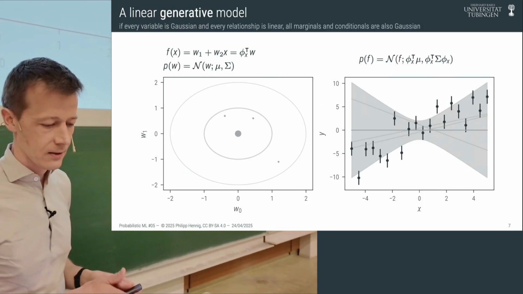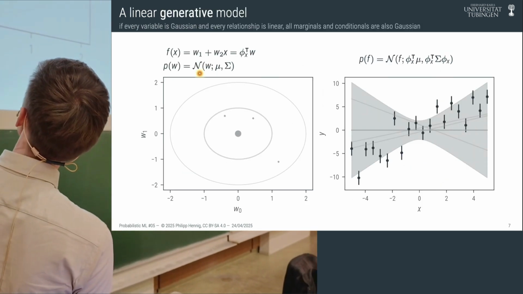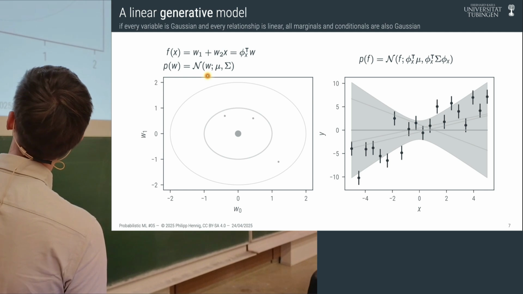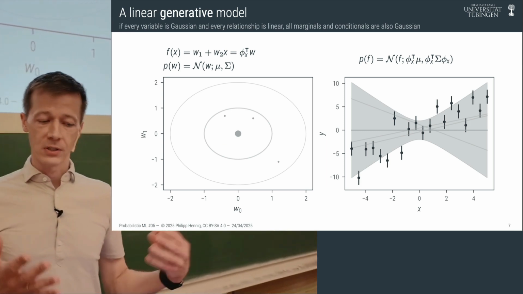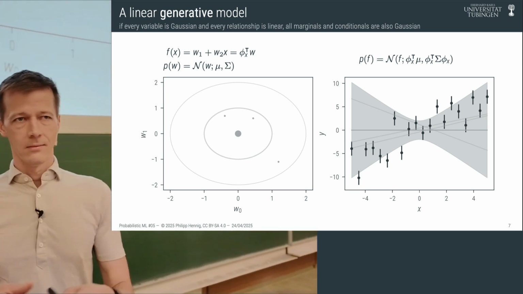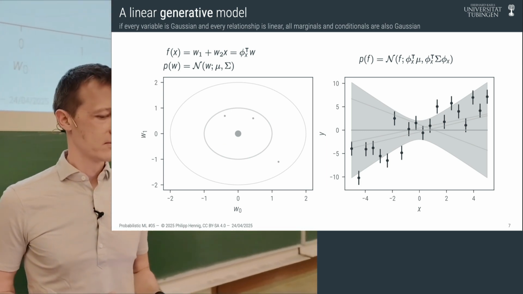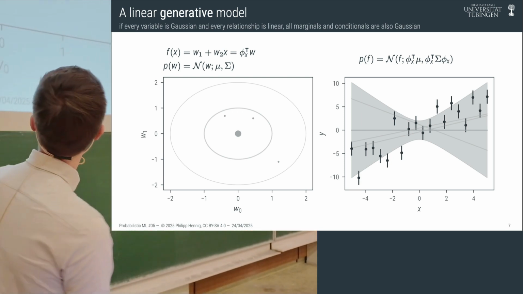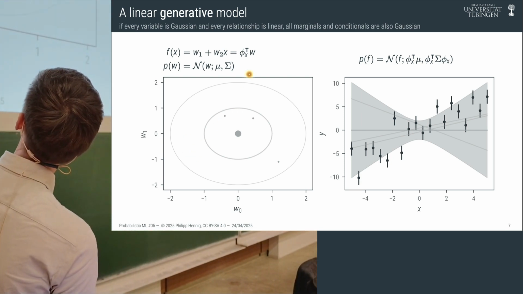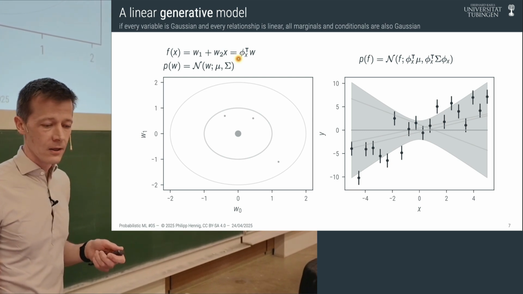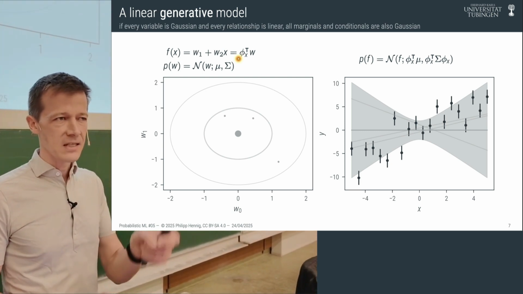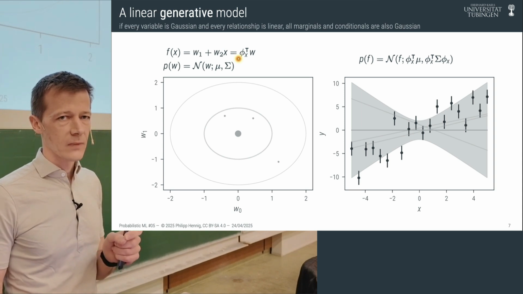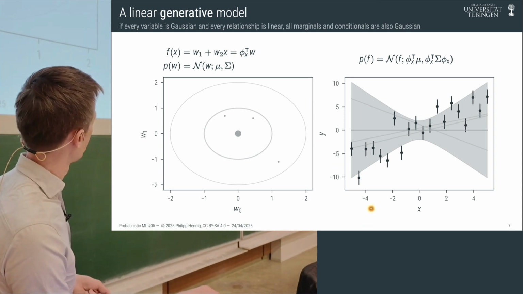We will take a Gaussian distribution over the weights. Here is a Gaussian distribution over the weights. It's a 2-dimensional Gaussian distribution. I've actually picked the standard Gaussian distribution, just mean 0, covariance matrix 1, because whatever. And now we're computing this vector phi, and we can compute this vector phi of x for every single x in some space of x's.